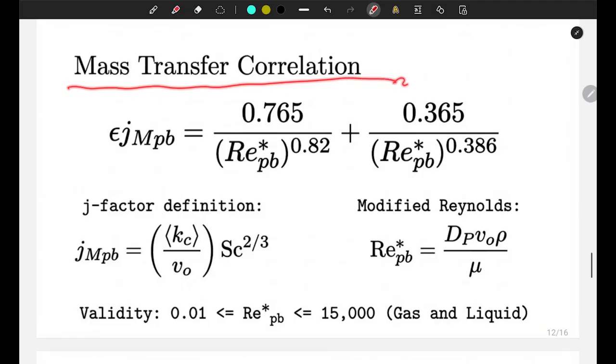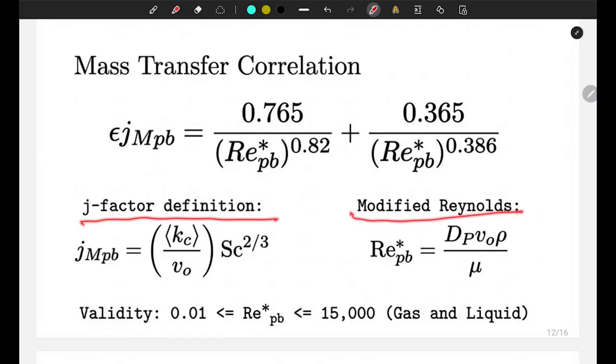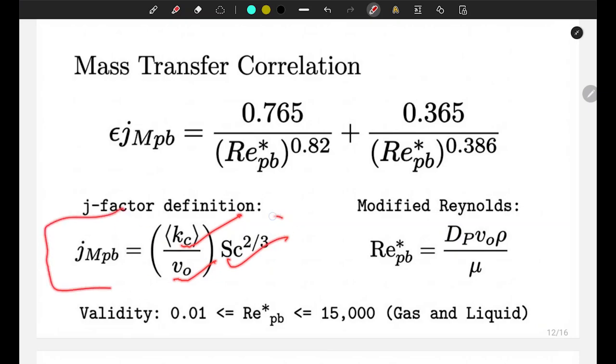Then the mass transfer correlation. For the mass transfer correlation, there is a J factor definition and a modified Reynolds number we have to consider, in which the overall mass transfer coefficient, velocity, and Schmidt number come into the picture.